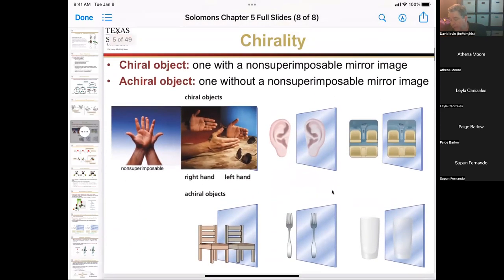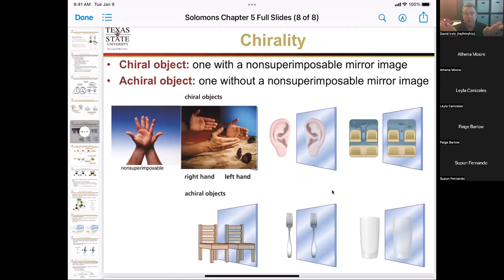All right, so now I want to talk about a concept called chirality. Chirality is actually a very old word. It's Greek. It means handedness. If you have two hands, not everybody does, but if you do, you have chirality, because this hand is the mirror image of this hand.